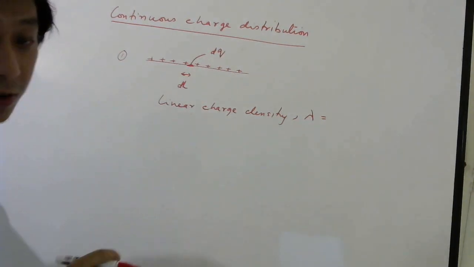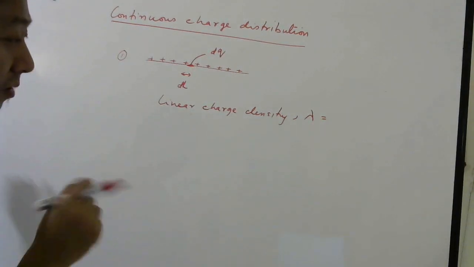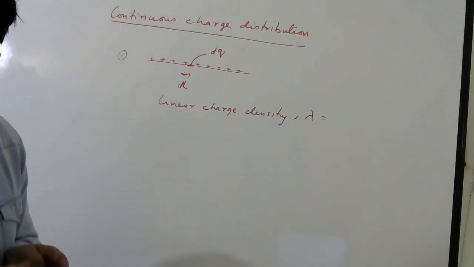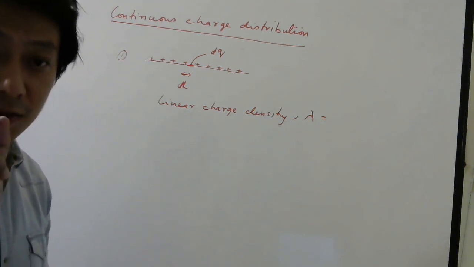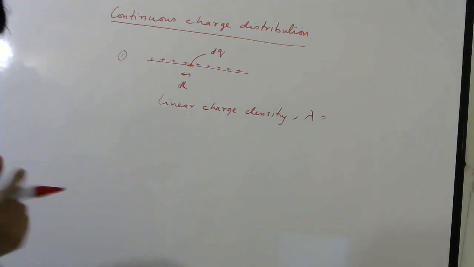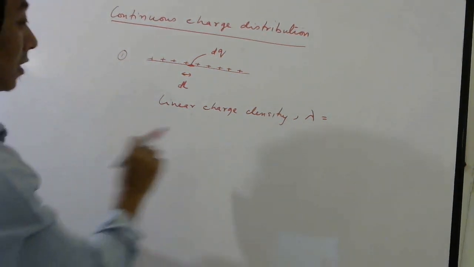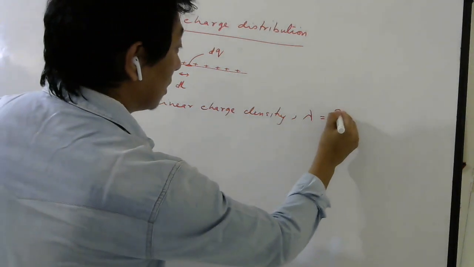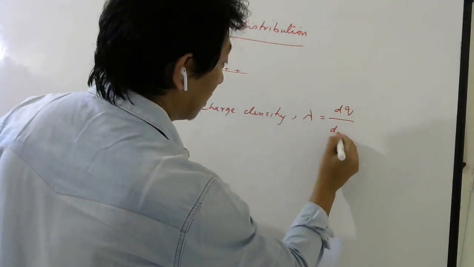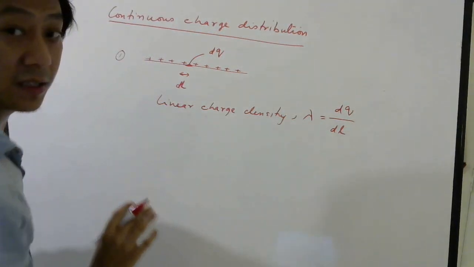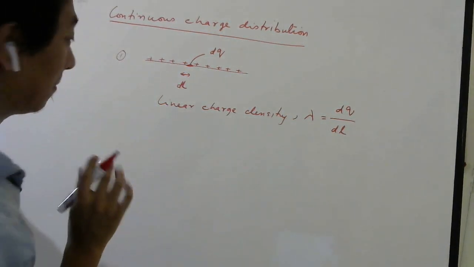I hope you know from mathematics or from first PU differentiation, the dx, if I write, it represents a small change in x. So here lambda means dq, charge, divided by length dl. So basically it is charge per unit length.